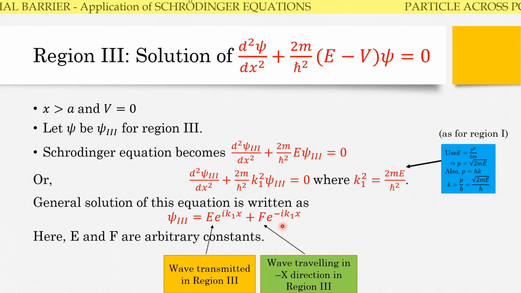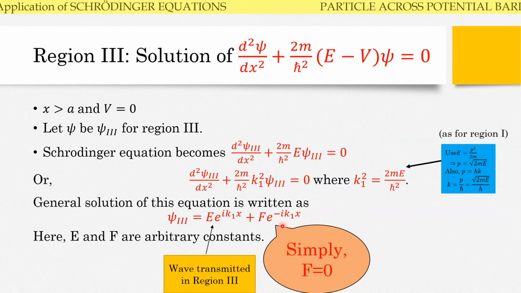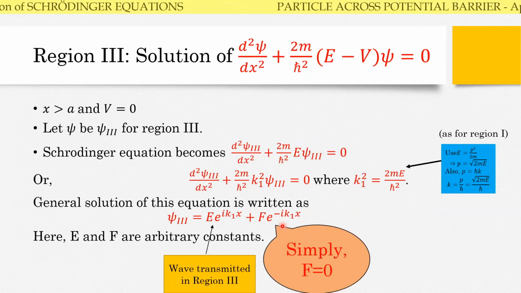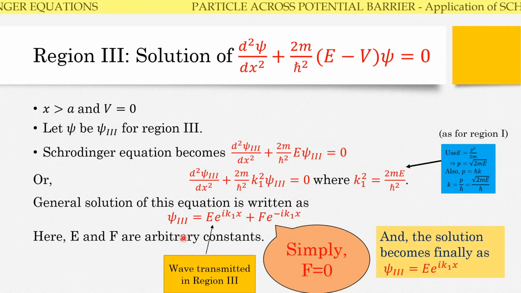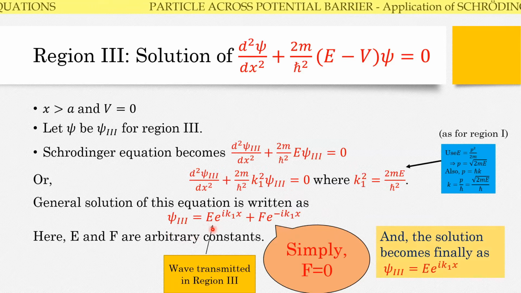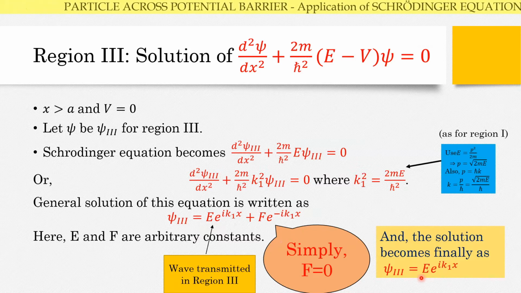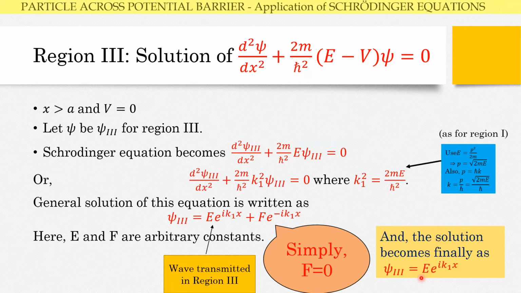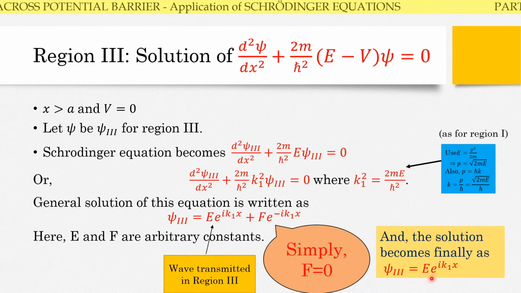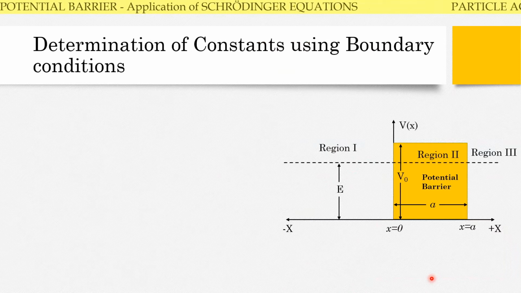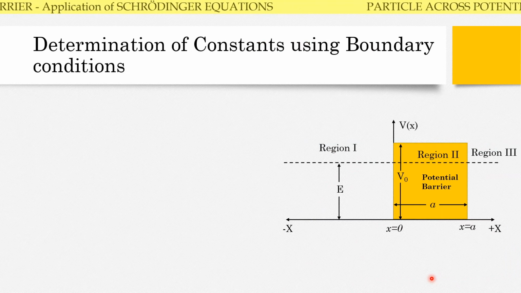So we can drop this term, or can simply say that F is equal to 0 here, and the solution of the Schrodinger equation can be simply written taking the first term only. So this is the final solution of the wave function in the region 3, as E into exponential iota k1 x. So by now I have calculated all the three wave functions.